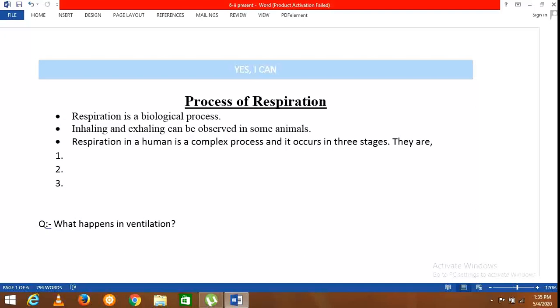Different animals show different types of respiratory movements. You know that respiration is the process by which energy is released from the digestive end products which are absorbed into our body. You learned that during nutrition, organisms obtain materials for the maintenance of life.